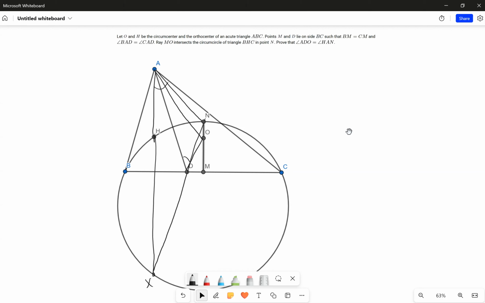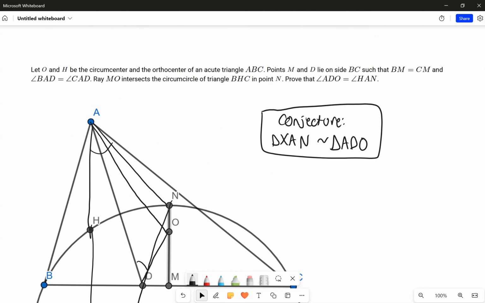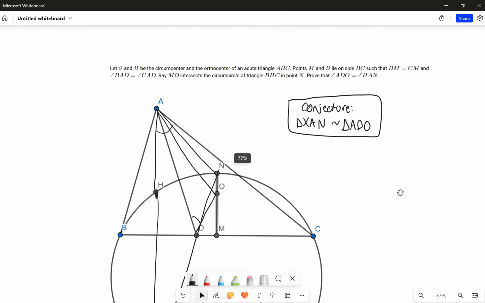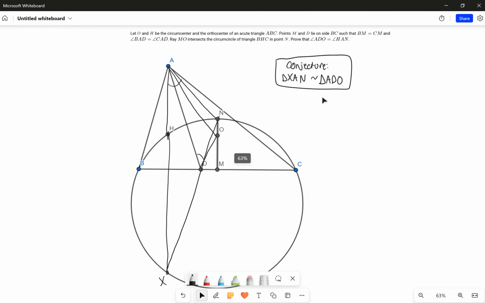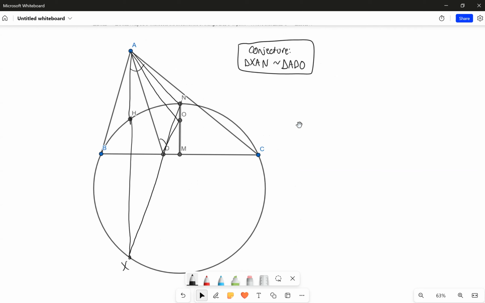More specifically, we conjecture that triangle XAN is similar to triangle ADO. And if we could prove this conjecture, then angle ADO is equal to angle XAN by similar triangle counterparts, and angle XAN is equal to angle HAN.